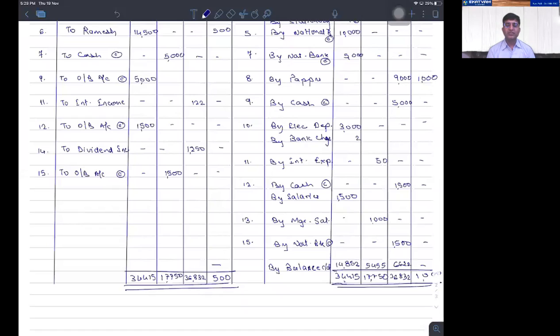Therefore the total of both the sides is different. The cash column, the national bank column and the overseas bank column are balanced and therefore their totals are the same.